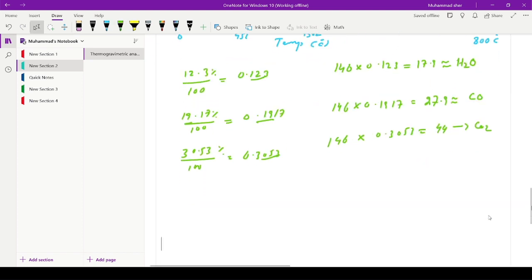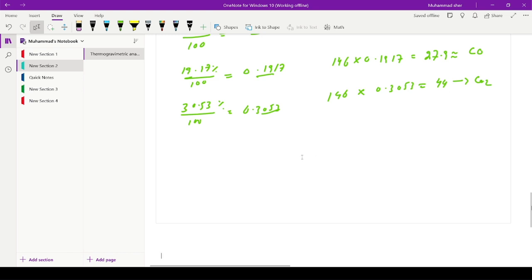Now, to calculate the molecular weight of the residue left at the end, at the last stage for the residue we divide 38% by 100.